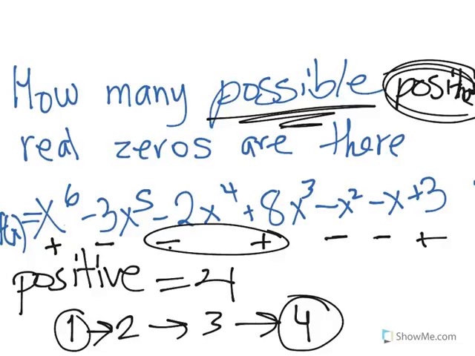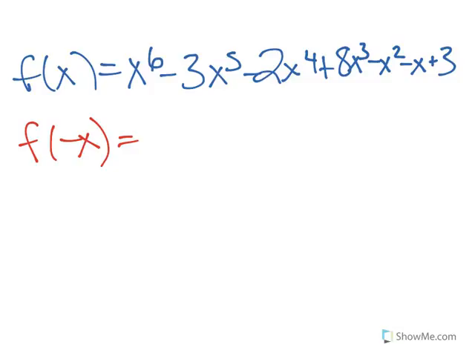And now let's do what I told you to find the possible negative real zeros. Okay, so here we have f of x is equal to the polynomial we had before. Now let's find f of negative x. So we will plug in negative x wherever we see an x, like so.